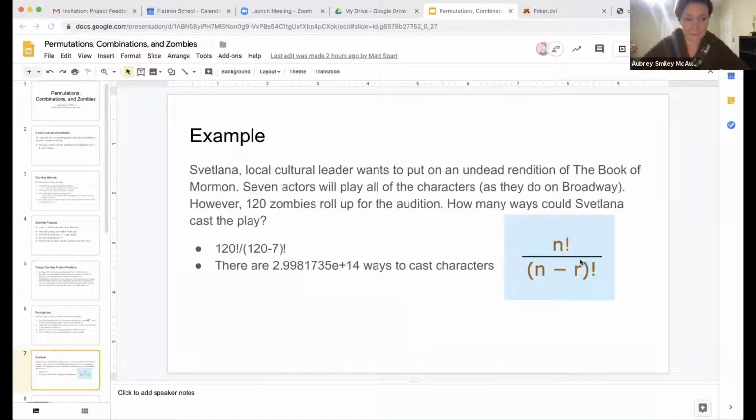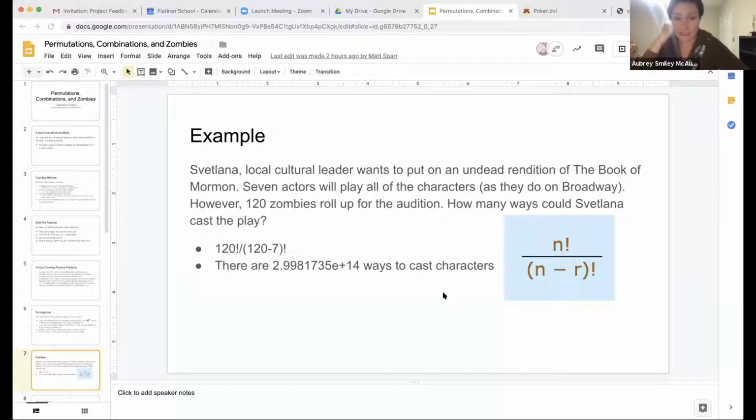All right. So a permutation example where order matters and we don't have replacements. We're trying to put on a zombie version of the Book of Mormon. 120 zombies audition, and how many ways could she cast the play? Literally 7 guys do the voices for all of the characters, and there are a lot of characters. The equation is n factorial divided by n minus r factorial, n permute r.